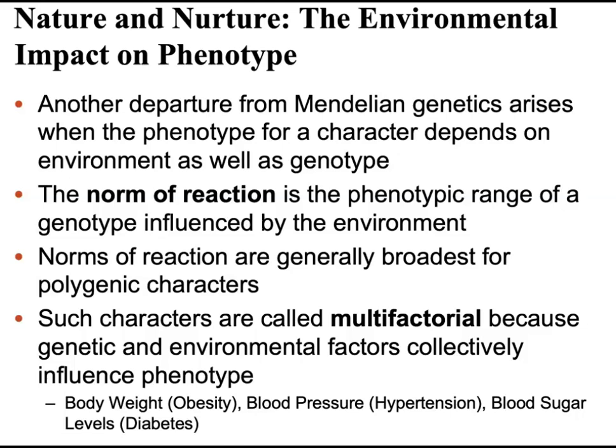Norms of reaction are generally broadest for polygenic characters. Such characters are called multifactorial because genetic and environmental factors collectively influence the phenotype. Examples of multifactorial characters are body weight, blood pressure, and blood sugar levels.